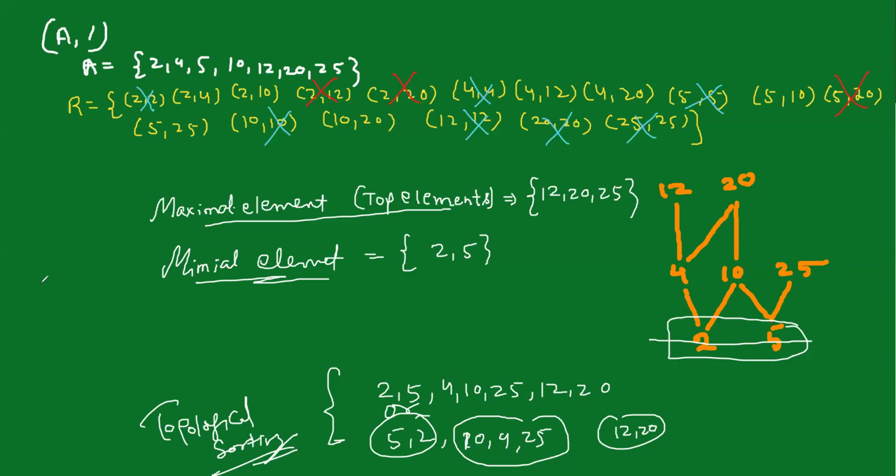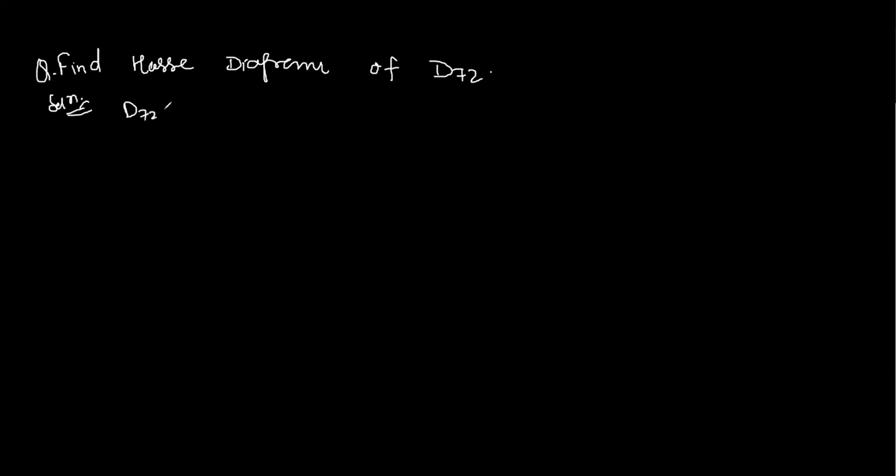Right? Okay. D72 means what? Divisors of 72.